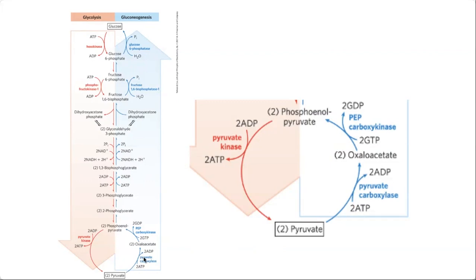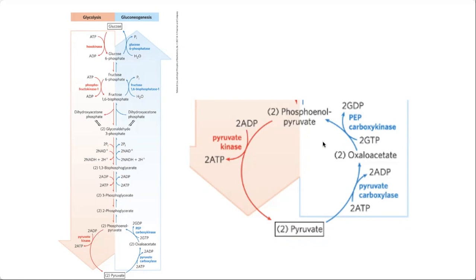So this last step, remember, that was in glycolysis. We are going from phosphoenolpyruvate to pyruvate, and that was done by pyruvate kinase. It was really, really favorable because we have that whole enol keto tautomerization. And so we were able to put a phosphate group onto ADP to give us ATP. And that was carried out by pyruvate kinase.